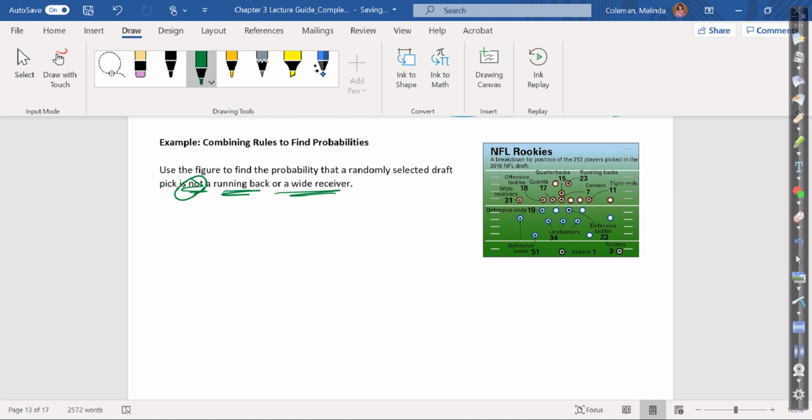So let's say event A would be that a running back is chosen. And event B would be that we choose a wide receiver.